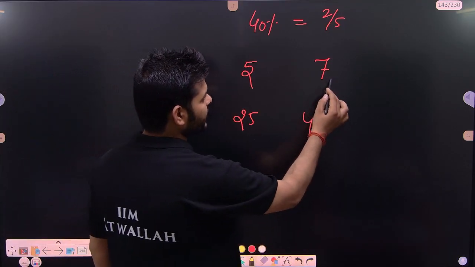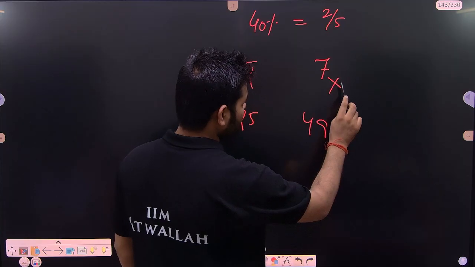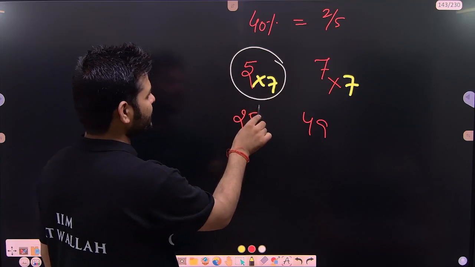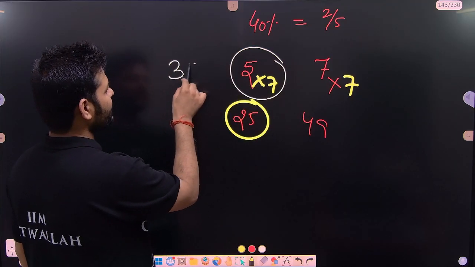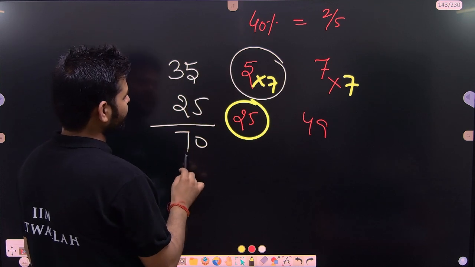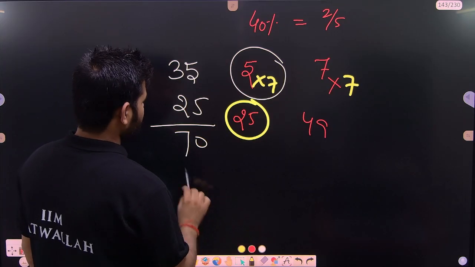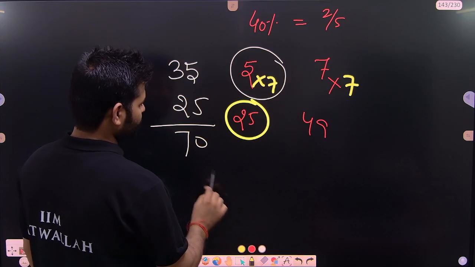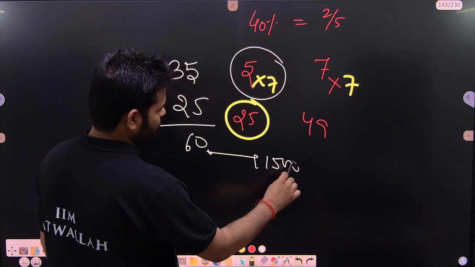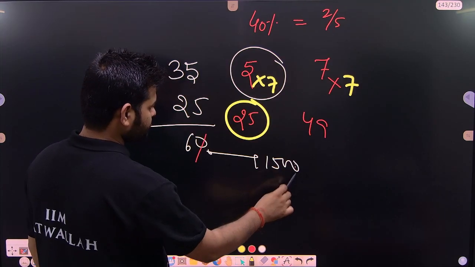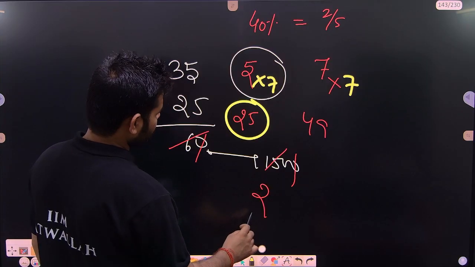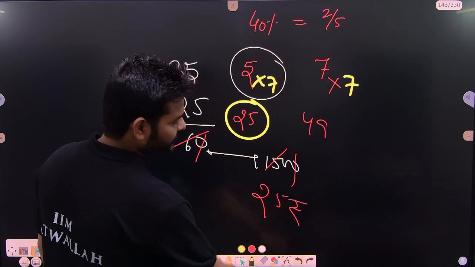To make it equal, just need to multiply by 7. So the principal, first principal would be 35, that would be 25. Overall principal is 60. And this 60 unit is going to represent 1500. So 1 unit cost would be 25 rupees.